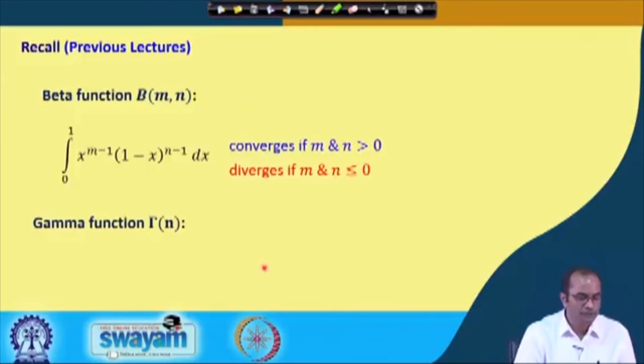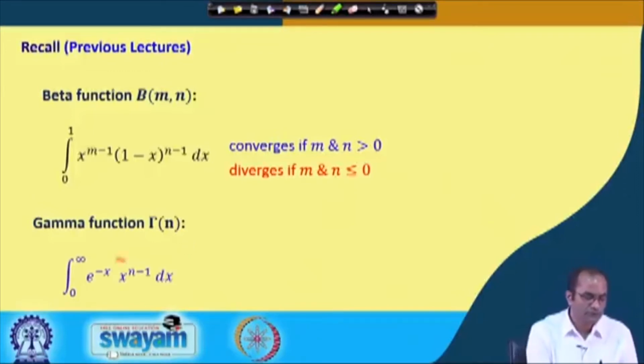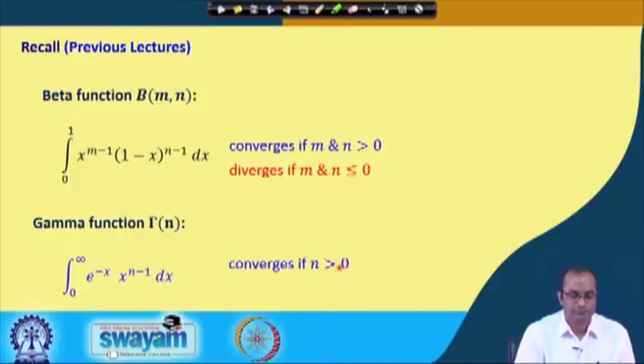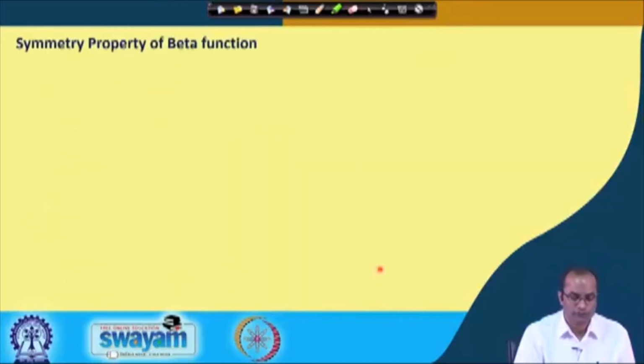And we have also seen for the gamma function that this mixed type of improper integral, 0 to infinity e^(-x) x^(n-1) dx, converges if n is strictly greater than 0 and diverges when n is less than or equal to 0.